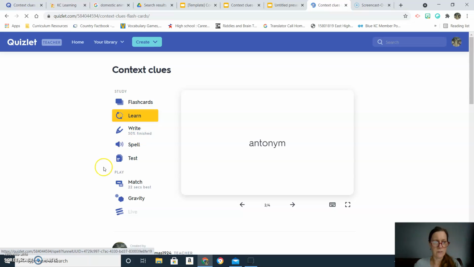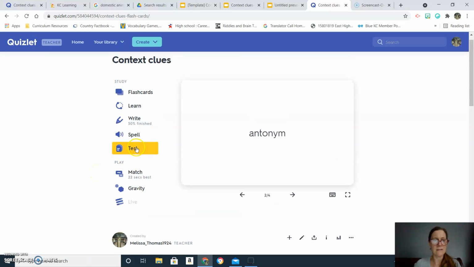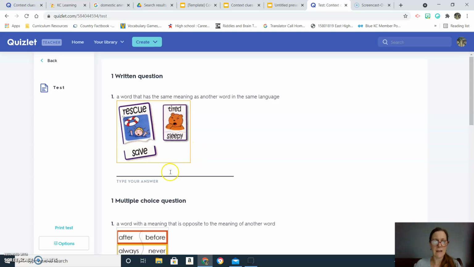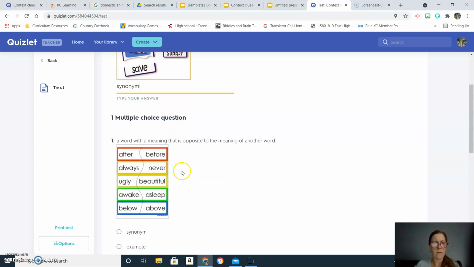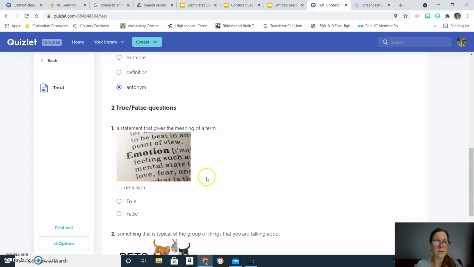And there used to be one on here called quiz. I don't see it. That's okay. Oh, test. They call it test now. Okay, test. A word that has the same meaning as another one, synonym. A word with the opposite meaning, antonym. True, false question.